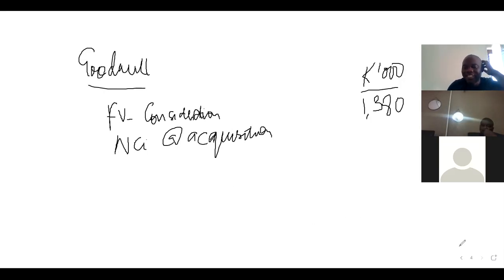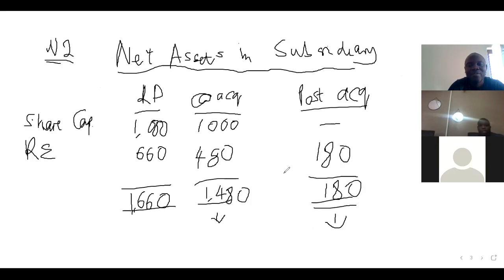So the NCI at acquisition, this is where you pick it from working two. Here you have the at acquisition, which is basically your NCI at acquisition of 1480. But you need to know that what takes precedence is the fair value.